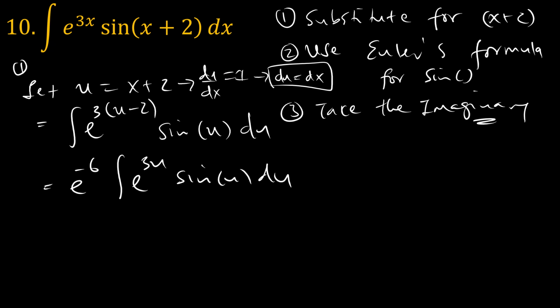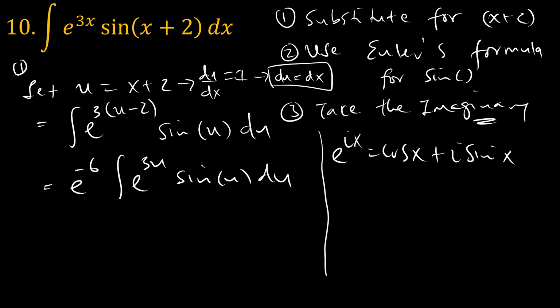Okay, since we know that e to the power ix is equal to cosine of x plus i sine x, then it means sine x is equal to the imaginary part of e to the ix.